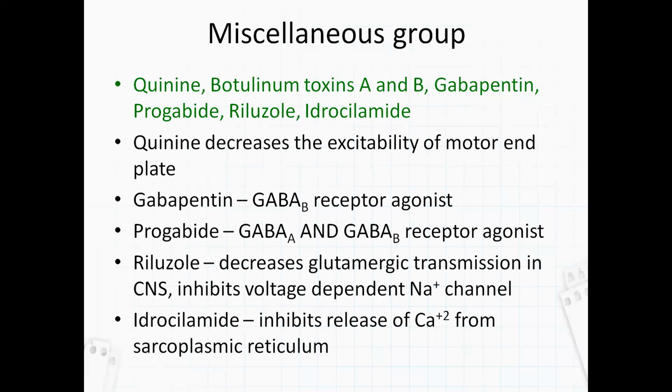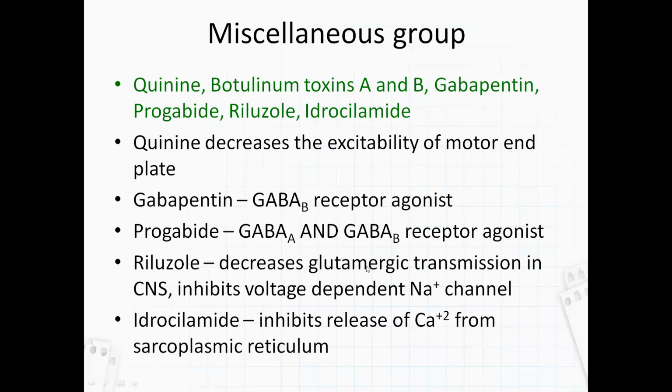What happens if drugs act on the GABA A and GABA B receptors? They will inhibit the action potential, due to which skeletal muscle relaxation will be happening. Now drugs, riluzole, hydroxylamide. Riluzole and hydroxylamide are newer drugs, and riluzole acts by decreasing glutamatergic transmission in the CNS.